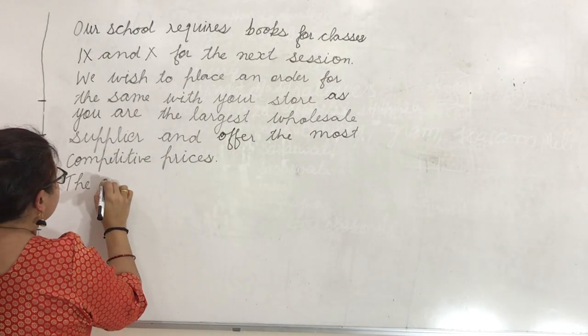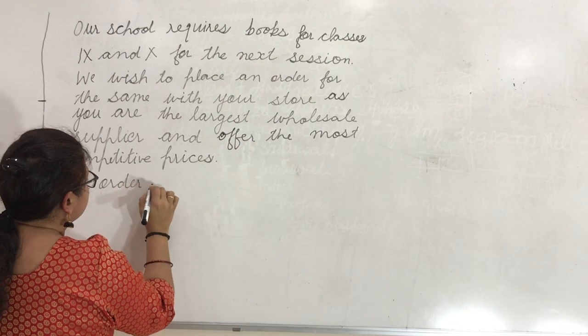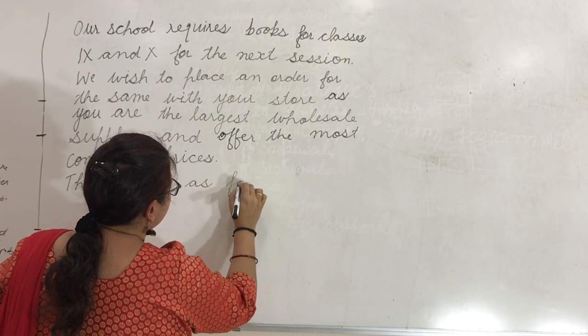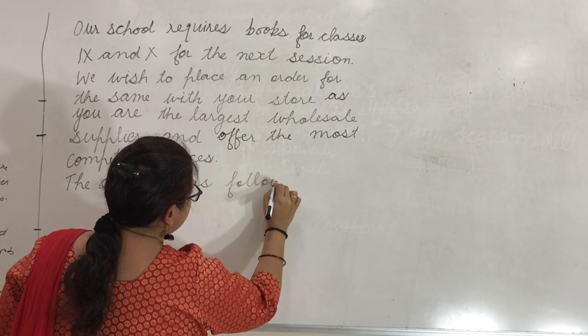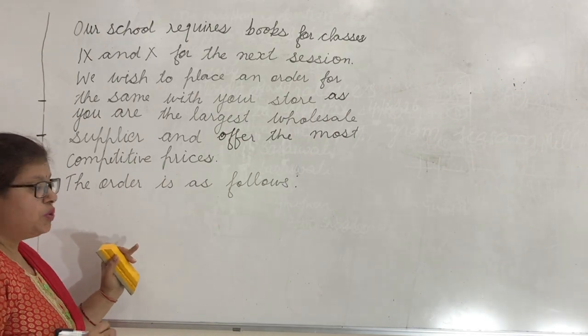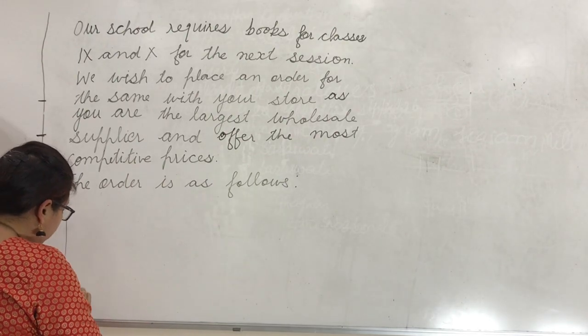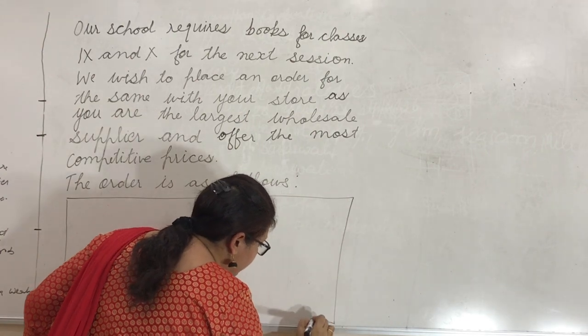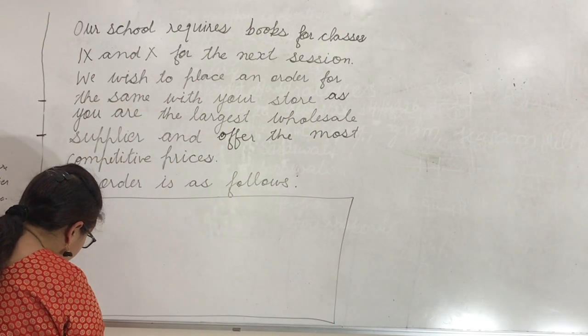Then you will be writing one line: The order is as follows. And now you are to use pencil and scale to draw this table.